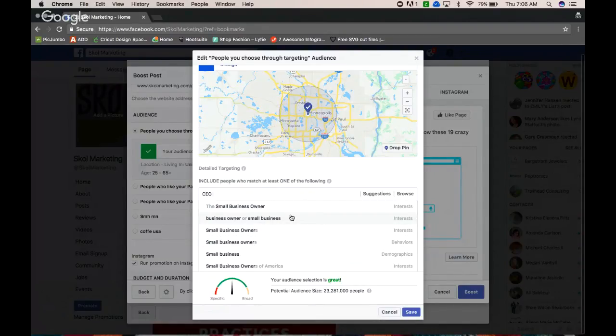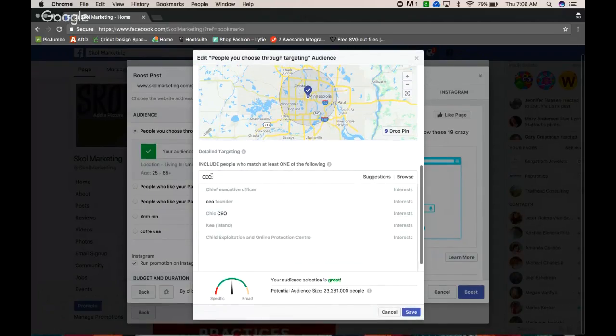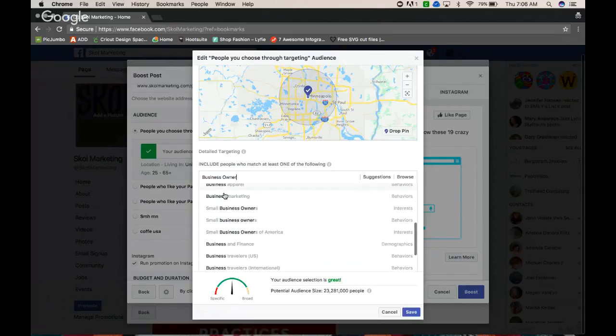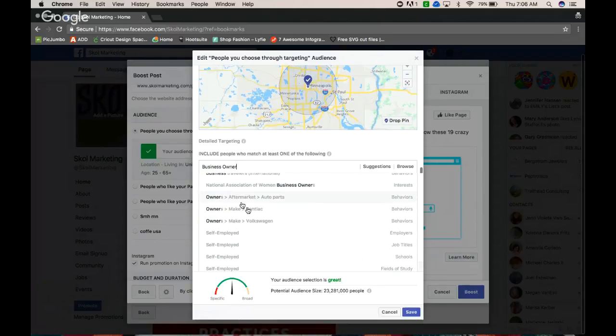But the other one that's kind of cool is if you find one that has the job title next to it. If you want to go after someone with that job title, you can. Now, obviously, not everybody updates their job titles on Facebook and keeps them up to date, or even fills them in. So you may have to be considerate of that. But you can go after job titles as well.